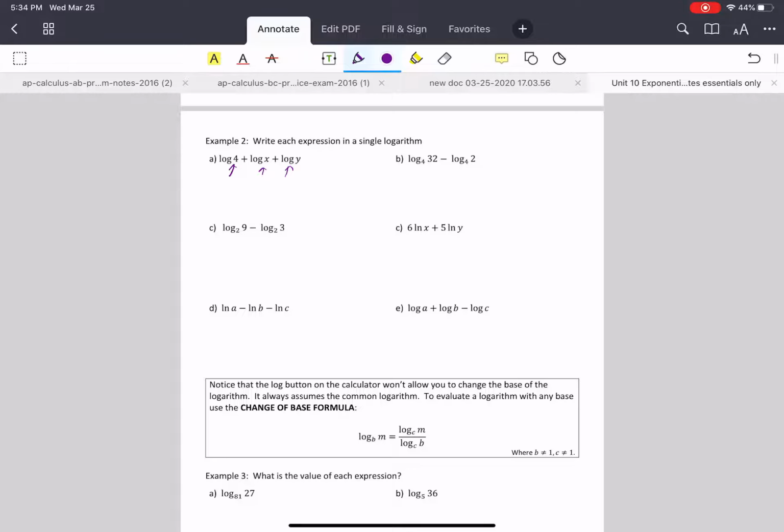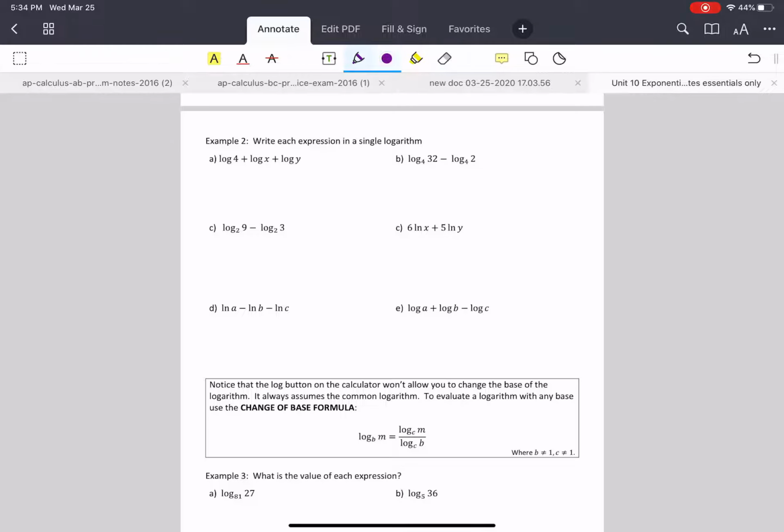That's called the common logarithm. So those are all the same base. These ones have base 4. Those are the same. Base 2 and base e. So in all of these examples, notice all of the bases are the same. You can only combine logs into a single log if the log bases are the same.